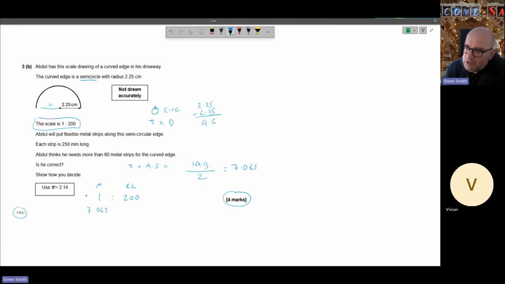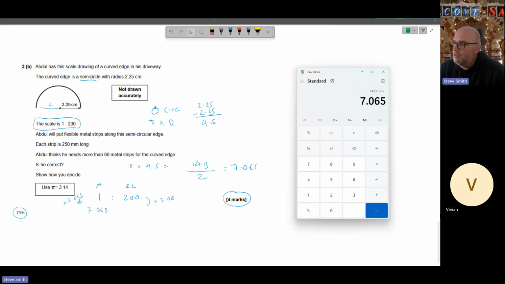On our map we've got 7.065. To get from this number to that number, we've multiplied by 200, so we need to do the same for this one, because we're stepping them both up by the same amount. So on our scale, we're going to times that by 200, and we've got the length in centimeters.